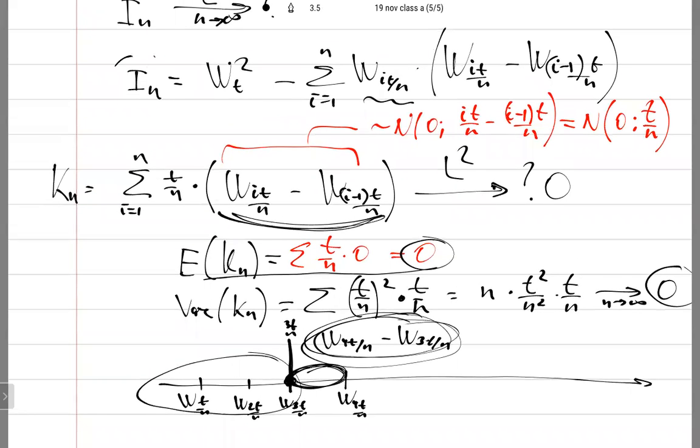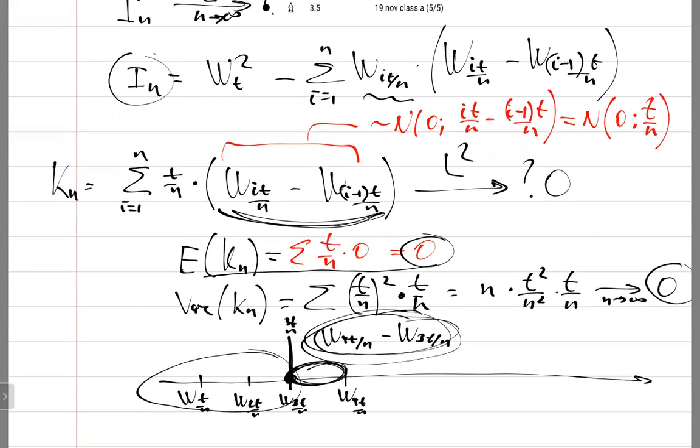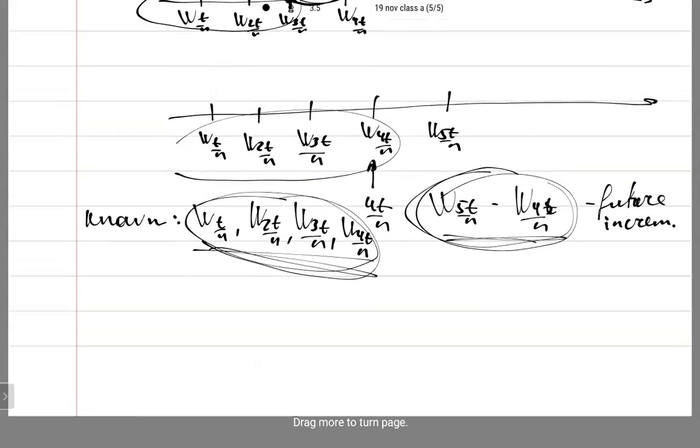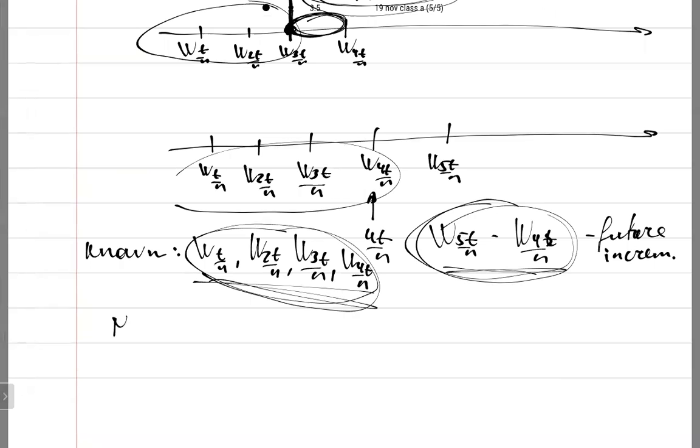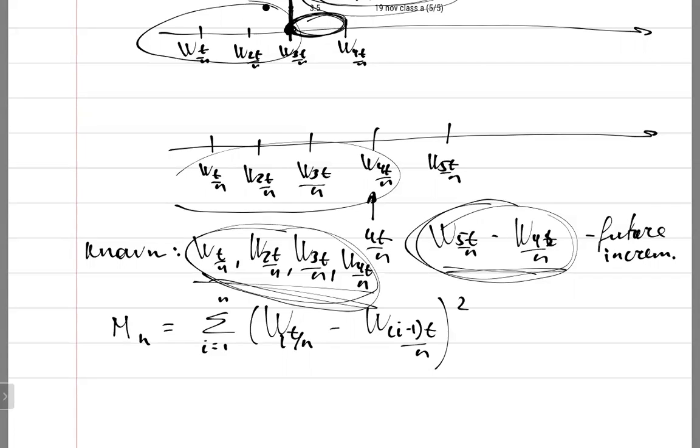Now let's go back to our original Rn. So let's calculate the limit of, maybe one more example. Let's imagine Mn will be the sum, i changes from 1 to n, of W(i t over n) minus W((i minus 1) t over n), squared. Once again, I calculate the expected value, I calculate the variance. So once again, what is the limit in L2?